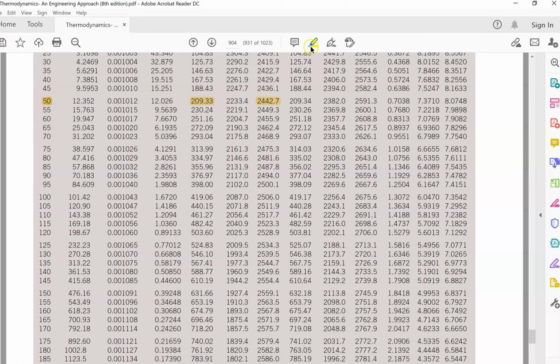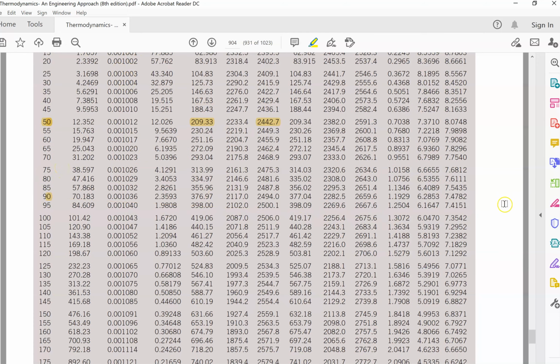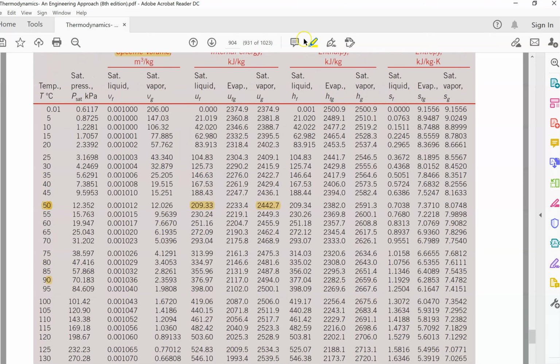Look at where I'm placing my highlighter. I'm placing it at 90. I hope you can see, because it's a PDF. Once you are done with 90, what else do they need?